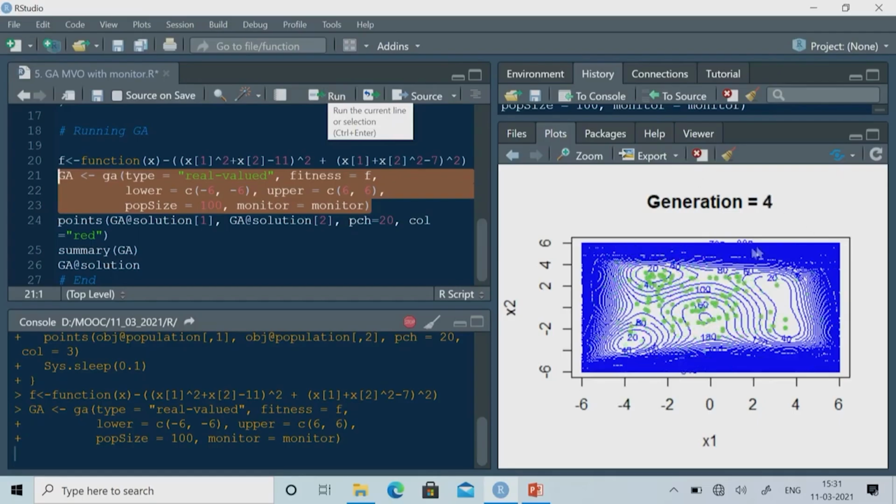So, you can see the population all over the search space, and with the progress of iteration you can see that it will converge at one of the optimal solutions. I think in this case it will converge at the first quadrant solution. So, just see.